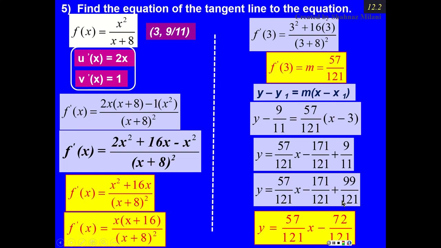The denominator is 121, but minus 171 plus 99 is going to be minus 72. And that is the equation of a line. Again, your equation of a line has to be in slope-intercept form. You cannot reduce any of them. That's it. That is going to be your answer.